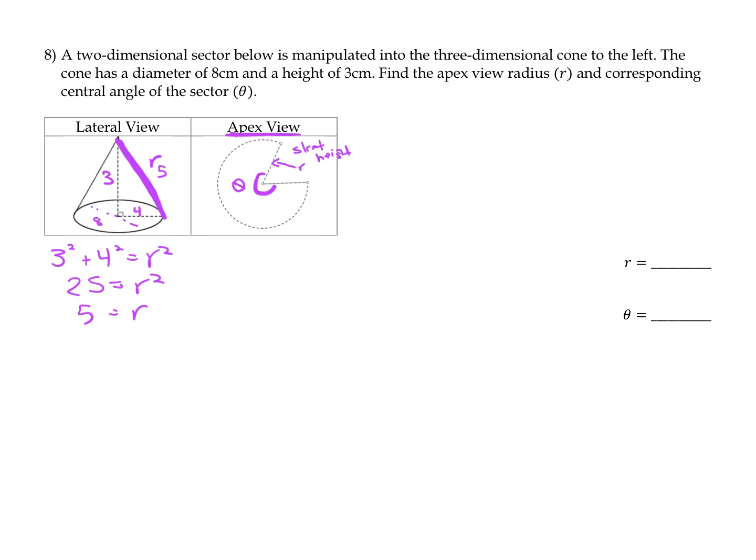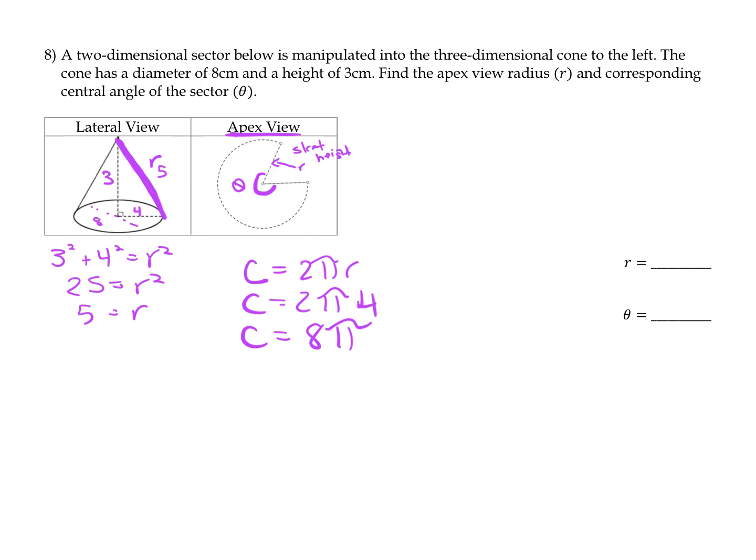Now to find the circumference of the base, I can do 2 pi r, so that is 2 pi times 4. So the circumference is 8 pi. And now I know that that is the arc length of my sector.